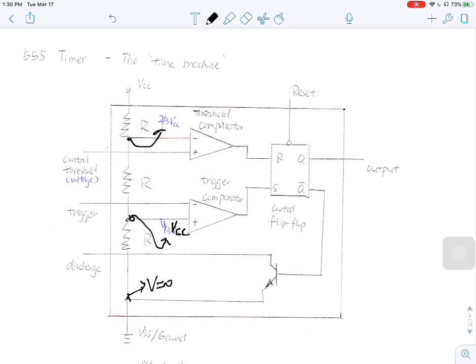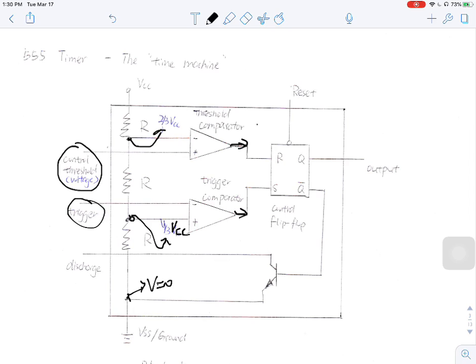And then the comparators compare the different fractions of VCC with the input signals, which are called the control threshold voltage and the trigger voltage input. And the output from the comparators, hopefully you still remember that, is either high or low, right?